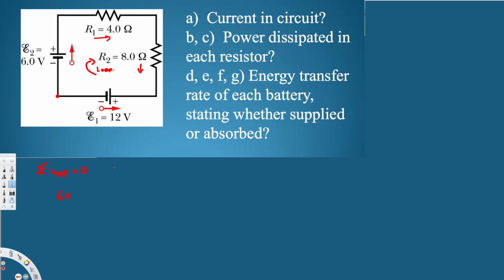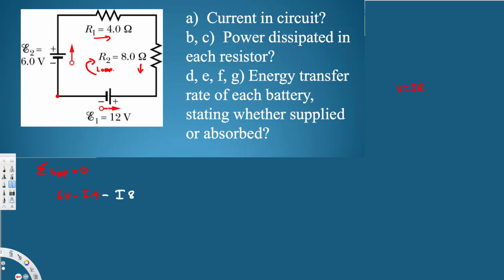Here, this is going to be minus I1. We know that V is equal to IR. We know R already, that's 4, so this is going to be I times 4, and then I times 8.